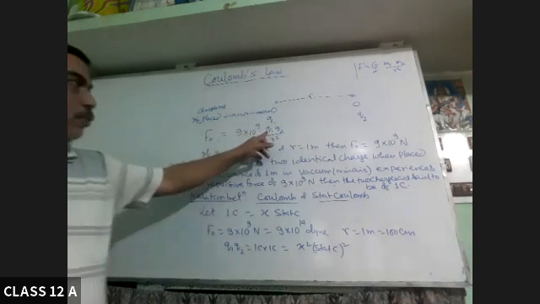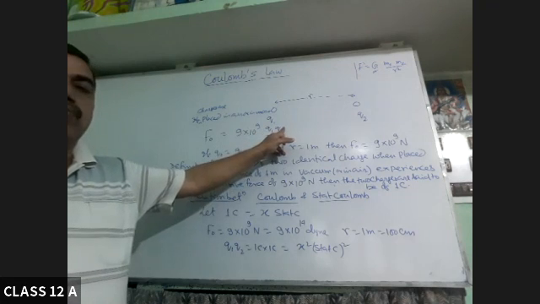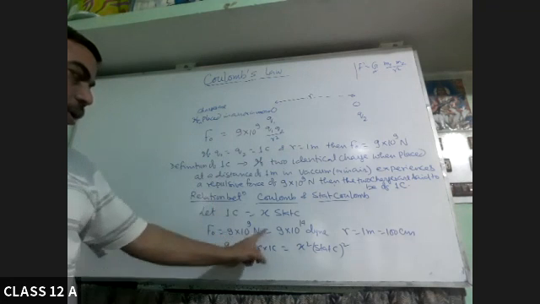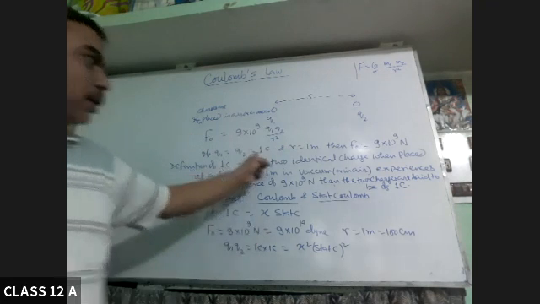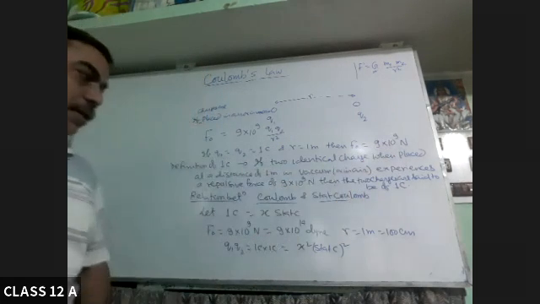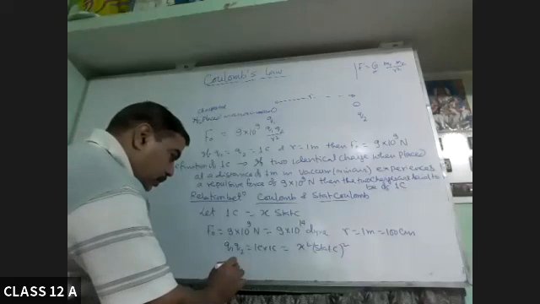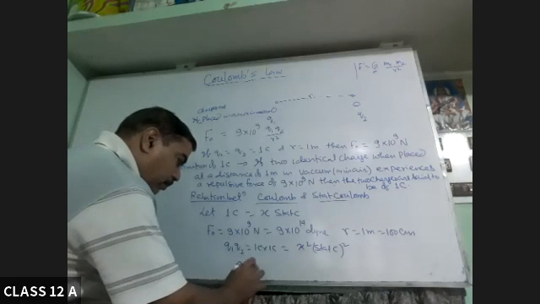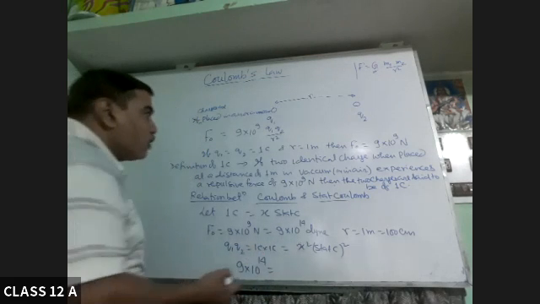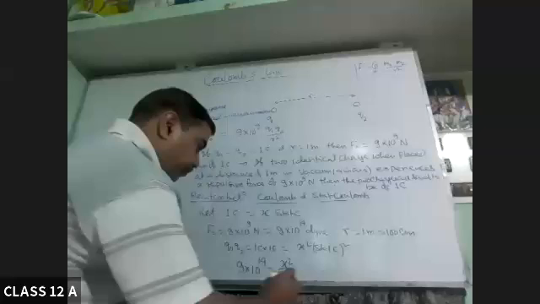In place of Q1, 1 coulomb, we are writing x stat coulomb. Here, 1 meter. Then what will be the force? In place of this much Newton, the force will become this much dyne. So what will we get? 9 into 10 to the power 14 in CGS unit equals x square over 1.